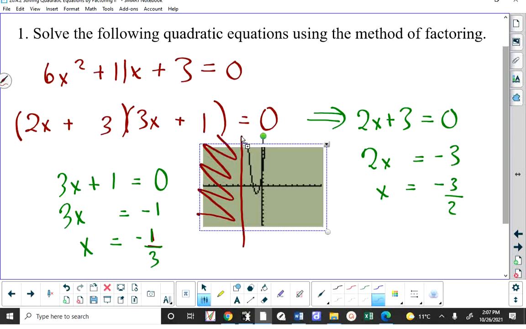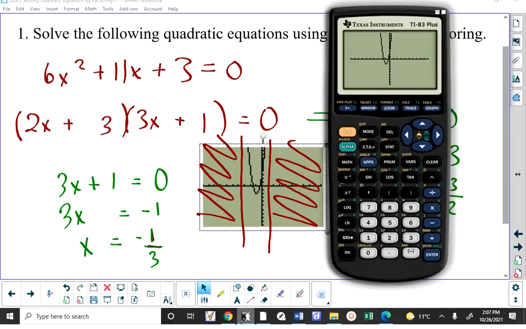There's no information there. This stuff over here is wasted. So to spread out our picture a little bit better, to see more detail, zoom standard goes from negative 10 to 10 in both dimensions. I'm going to go from, actually maybe I'll go negative 4 to 2.